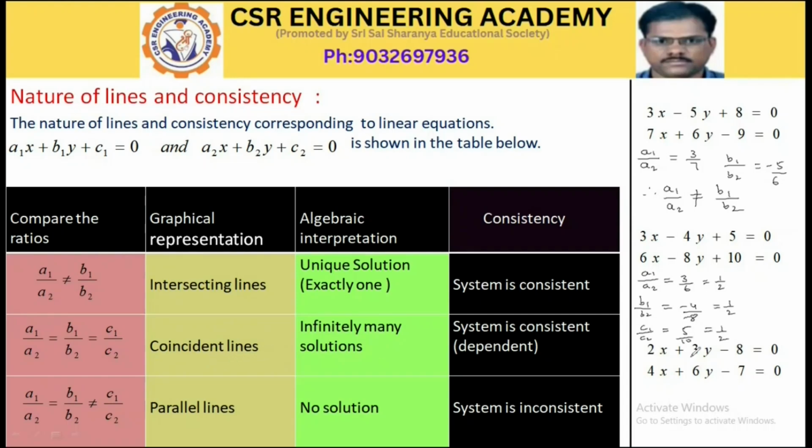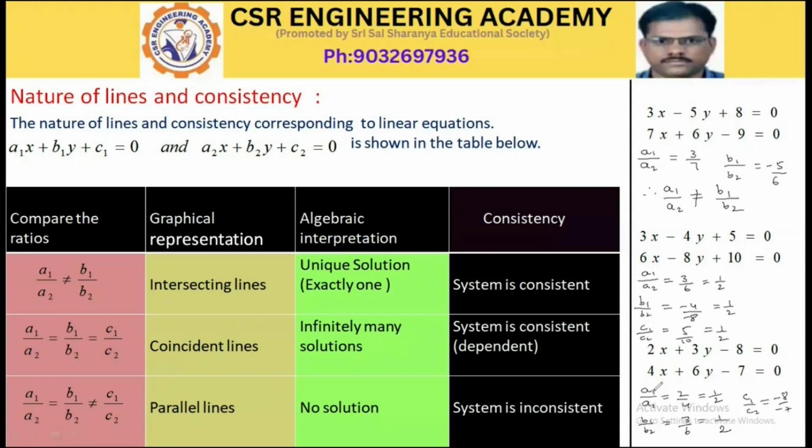Next, 2x plus 3y minus 8 is equal to 0, 4x plus 6y minus 7 is equal to 0. a1 by a2 is equal to 2 by 4 is equal to 1 by 2. b1 by b2 is equal to 3 by 6 is equal to 1 by 2. c1 by c2 is equal to minus 8 by minus 7.